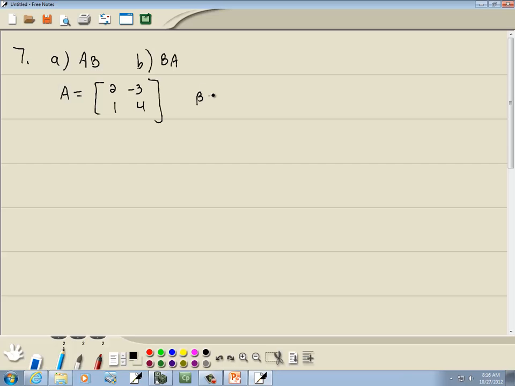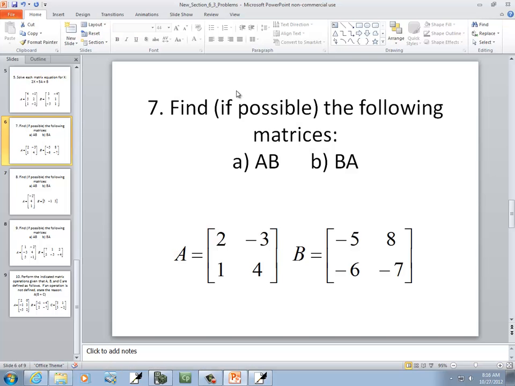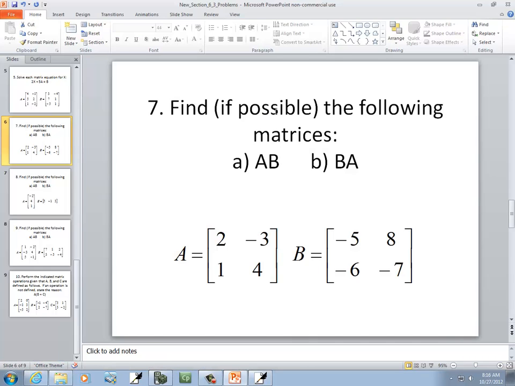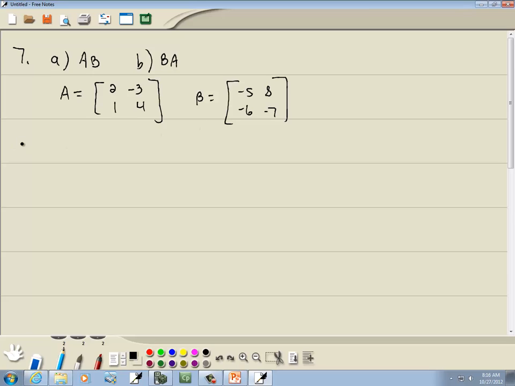Okay, B is equal to [-5, 8; -6, -7]. Double check all my signs. Okay, so first thing we want to find is A times B. So we're going to take this matrix and multiply it times this matrix.